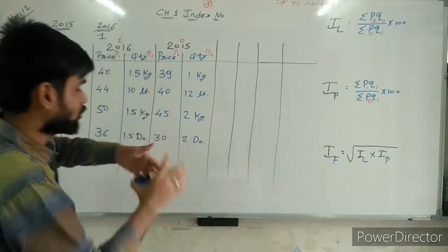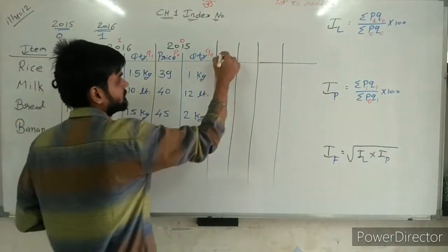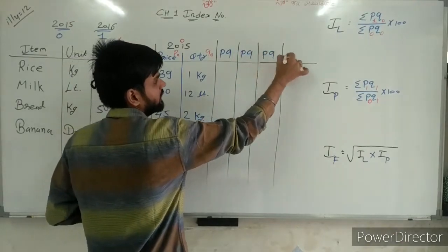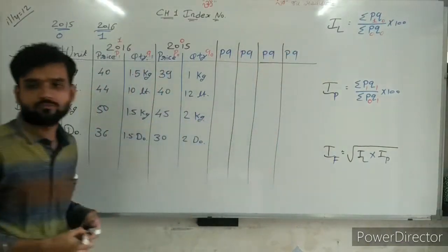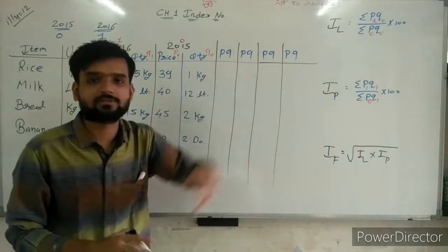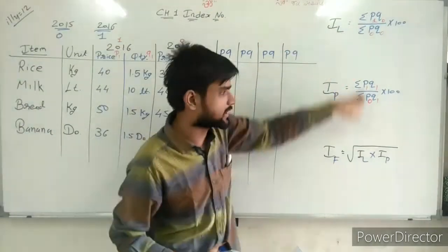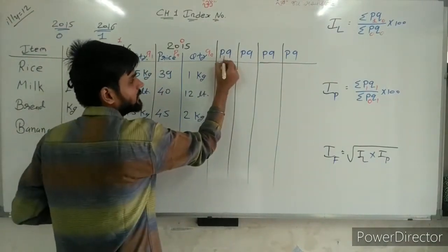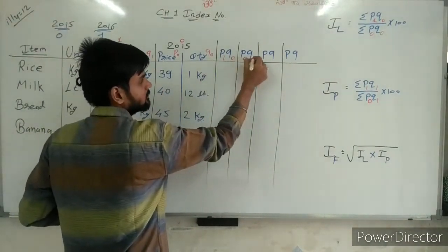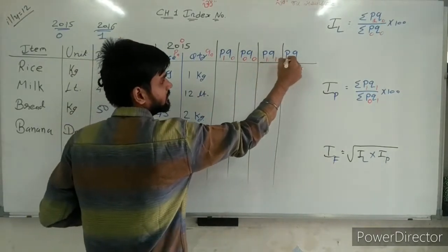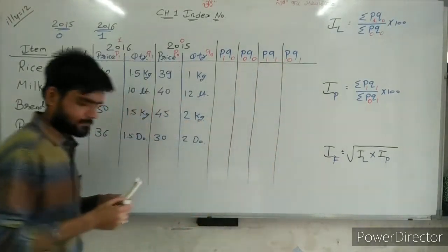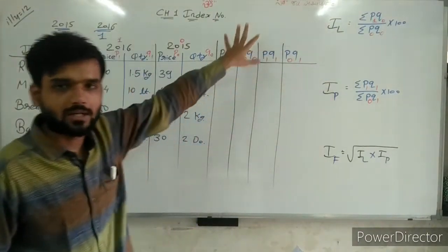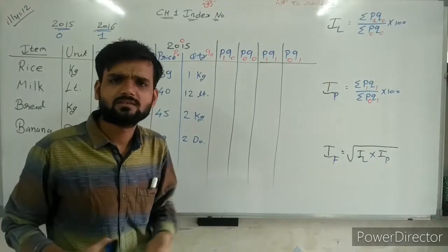So first of all write P, Q, P, Q, P, Q, P and Q. I am writing PQ 4 times, and whatever pattern applied here, 1011, 01, I am applying here also. So write 1000, 1101. So 1011, 01 I applied here. That's it.